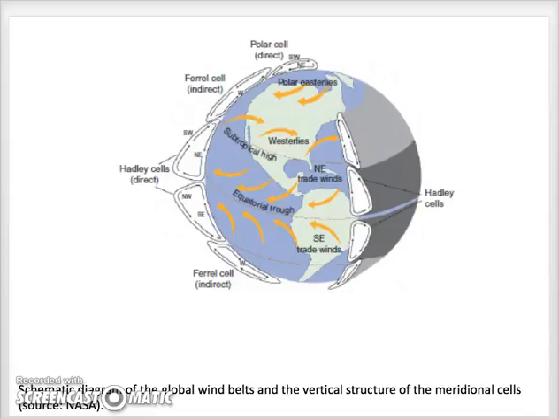But the significance of these motions for transporting energy and momentum was not recognized until the mid-20th century. In the 1920s, a suggestion was made that horizontal eddies, low and high pressure systems, could transport energy poleward, but it was not established observationally until the 1950s.